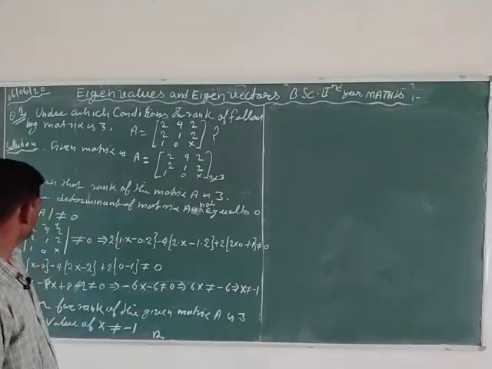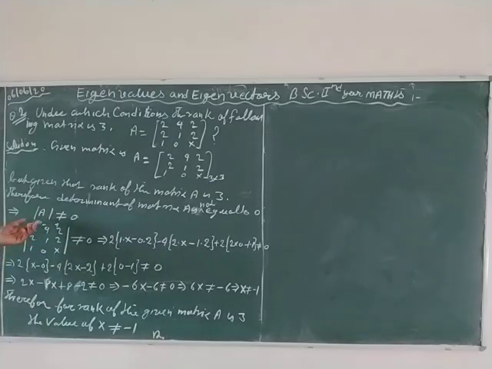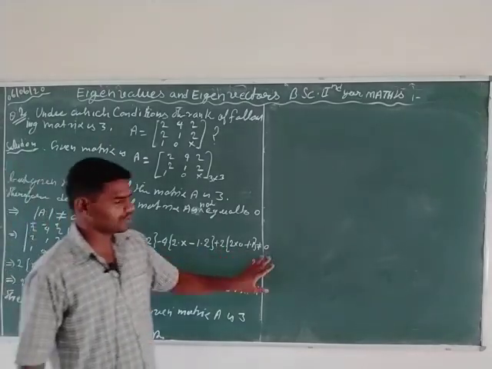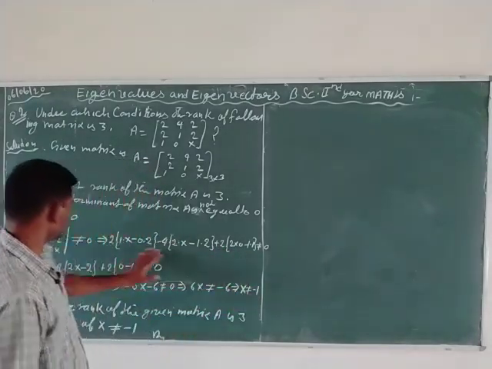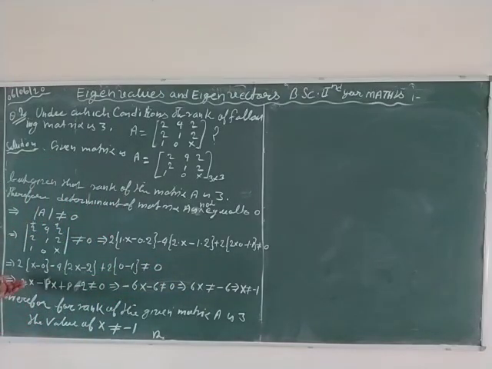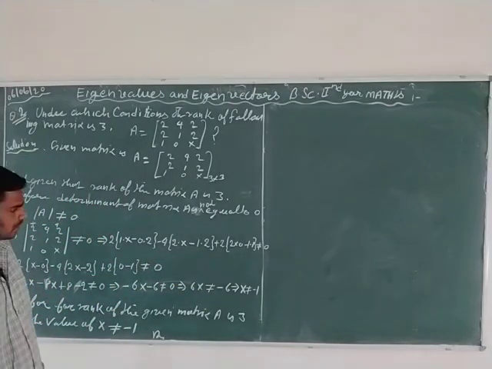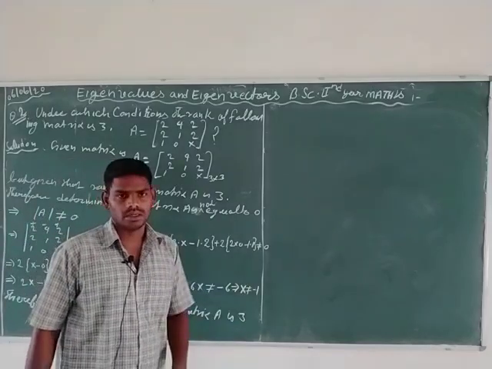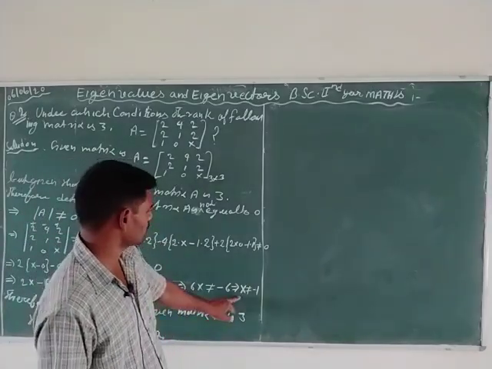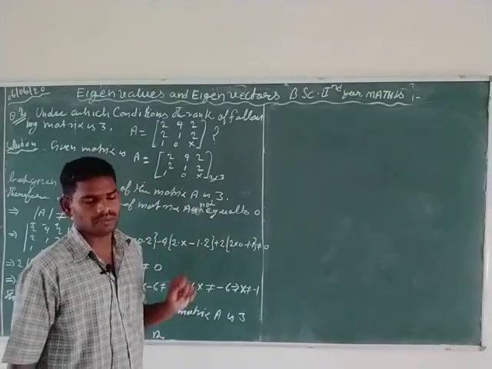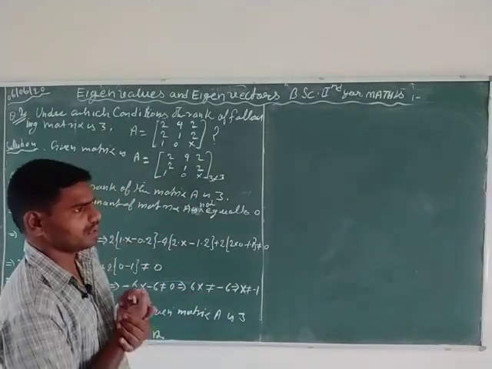So applying this method, the determinant of A is not equal to 0 according to the rank rules. Putting the value of A and taking the determinant according to the rules plus minus plus, this is not equal to 0. Simplify this equation and calculate the value of x. Here the value of x should be not equal to minus 1 for which the rank of the given matrix is 3. So it's a clear solution.